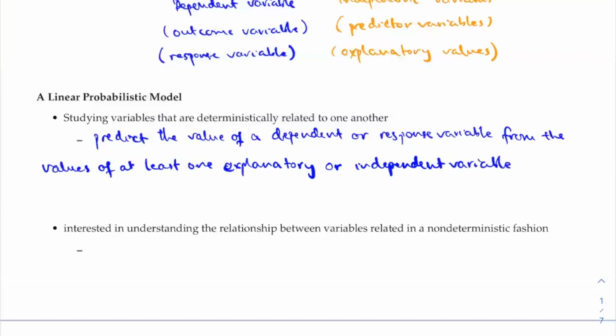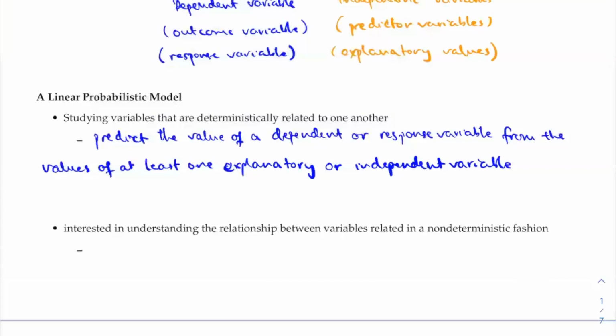If you remember the least square criterion, we want to make predictions on the outcome using the parameters that we estimate from the data that we have. That's the idea for the linear probabilistic model.